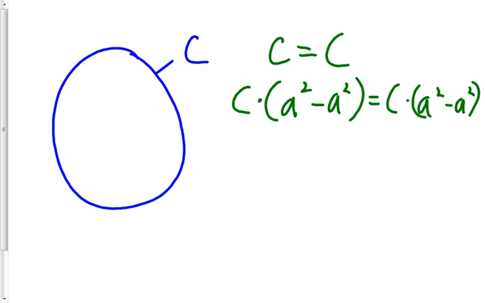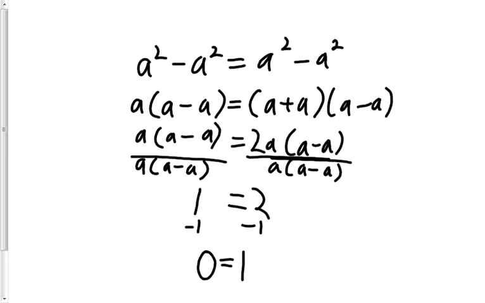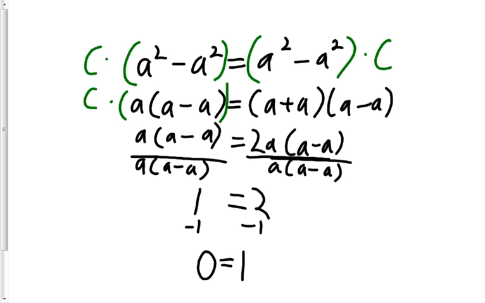Oh, let's go back and look at our work now. If I were to multiply everything here by c, I'd get c times a squared minus a squared is equal to c times a squared minus a squared, and I'd have to multiply every step by our factor of c, which is the curvature of the Earth.